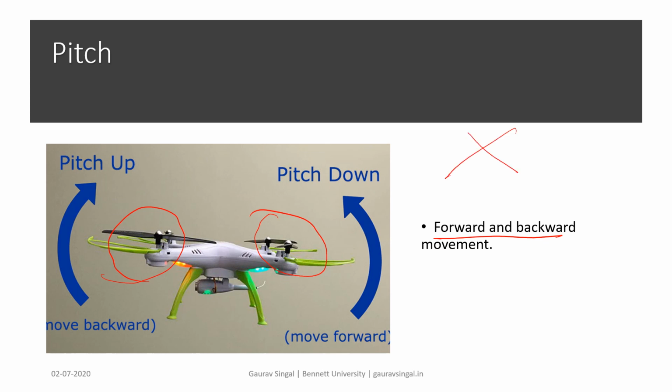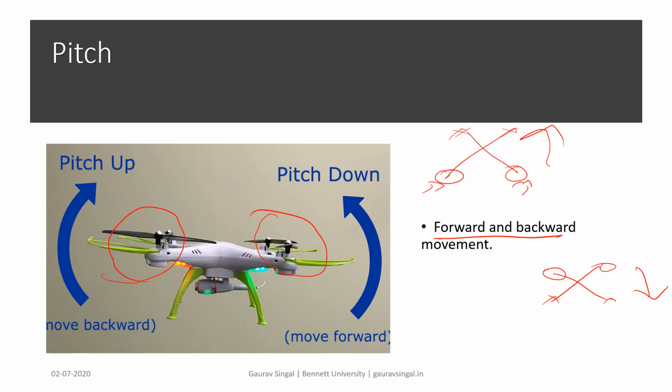When you want to move forward, your rear two motors will move with high speed and tilt the drone, but there is no support from the front motors. It will force the drone to move forward. And in the same case when we want to move in reverse, there is no support from the rear side, and that helps us move in reverse.